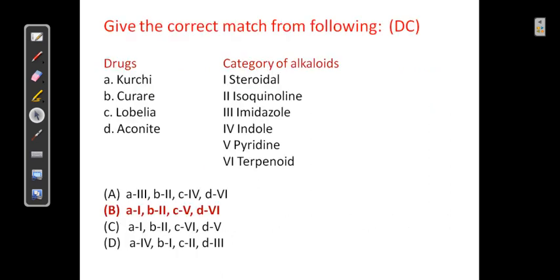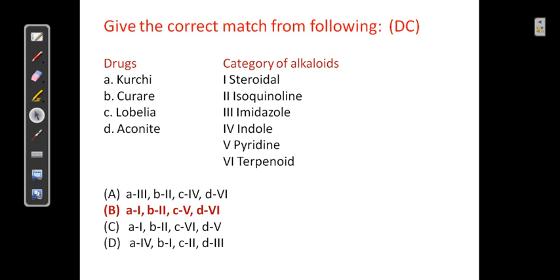Give the correct match from the following. One part contains examples of drugs and another part contains ring systems. Kurchi has a steroidal ring system in its structure. Example is conessine. Curare alkaloid has an isoquinoline ring system.